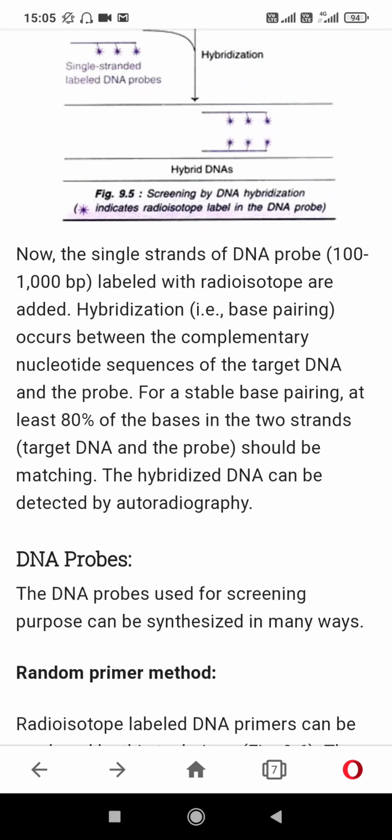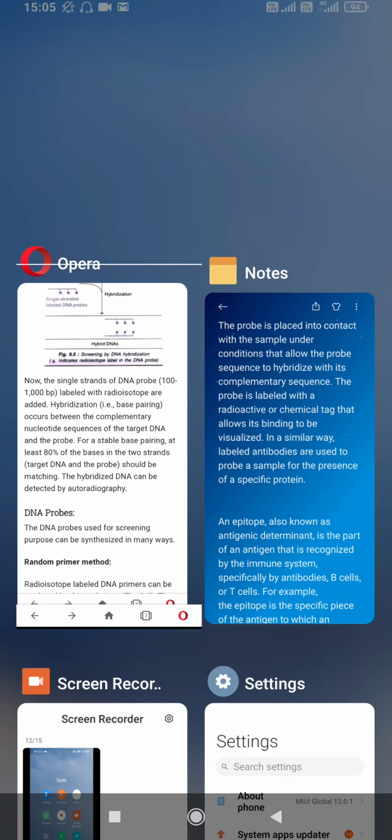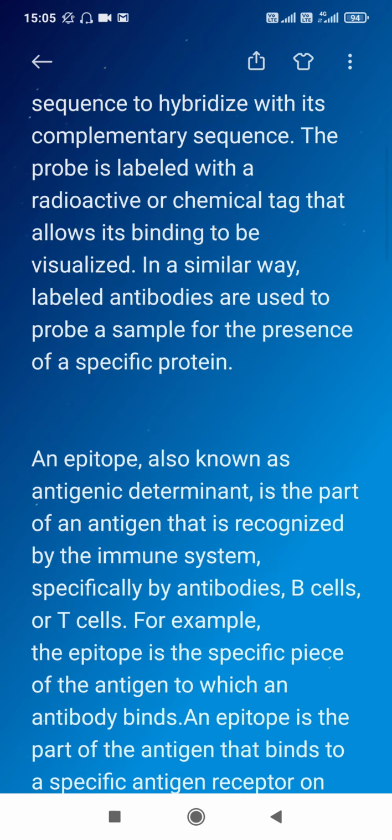And finally, after binding of the hybridized probe, the unhybridized probes are washed away by a certain buffer solution, and then the hybridized DNA can be detected by autoradiography. So what is autoradiography? It's just like a photographic film.